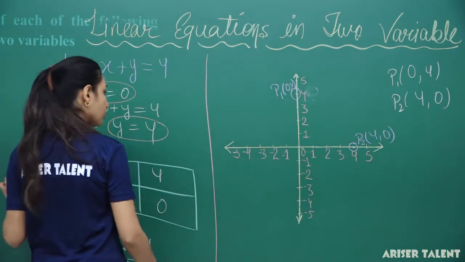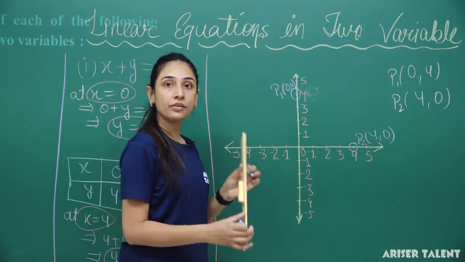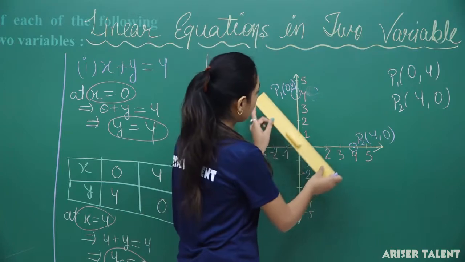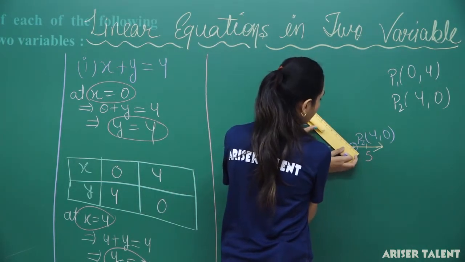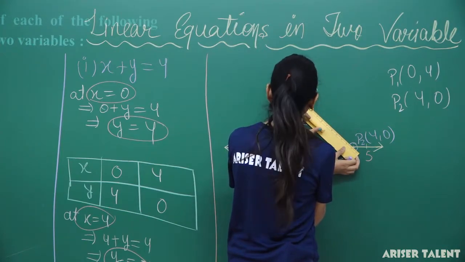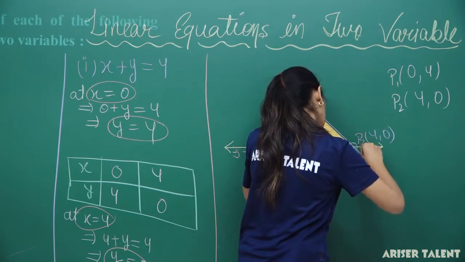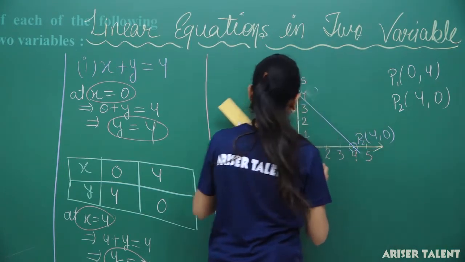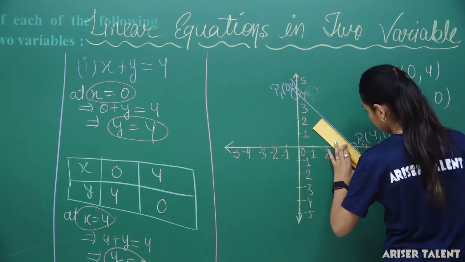Now what you have to do, you will just have your scale and meet this point P1 from point P2. Okay, so P1, P2 you are going to meet. So this will be, now you can extend this line too.